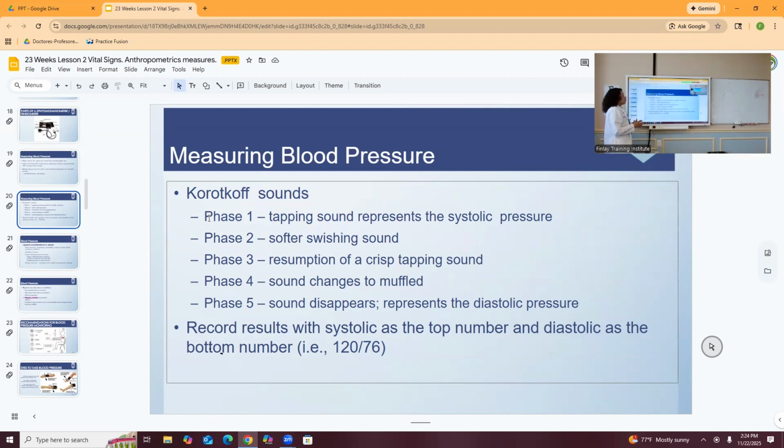The second phase is going to be the swishing sound that is going to become softer. Phase 3 is the resumption of a crisp tapping sound. That noise is going to become softer and crisper.